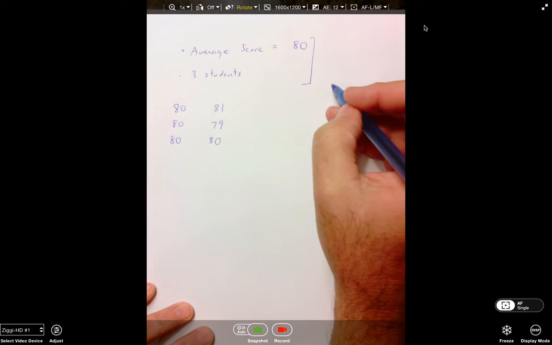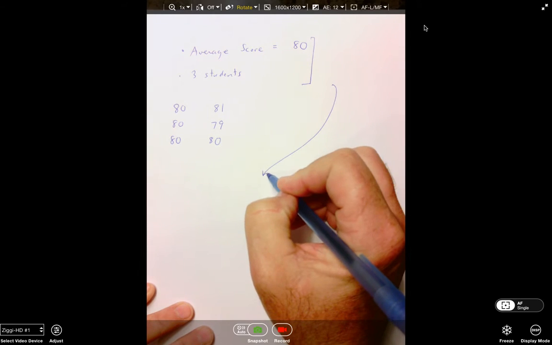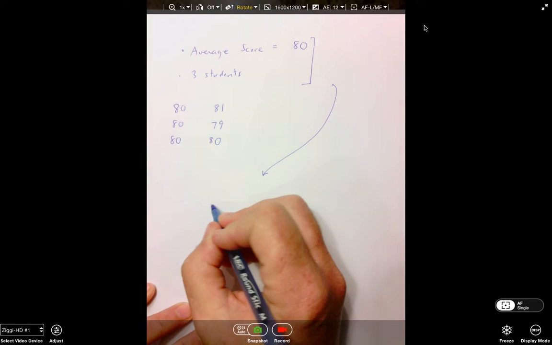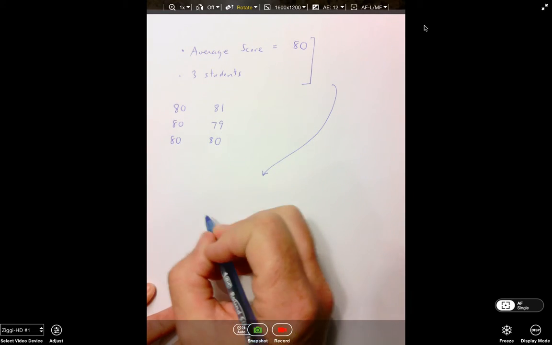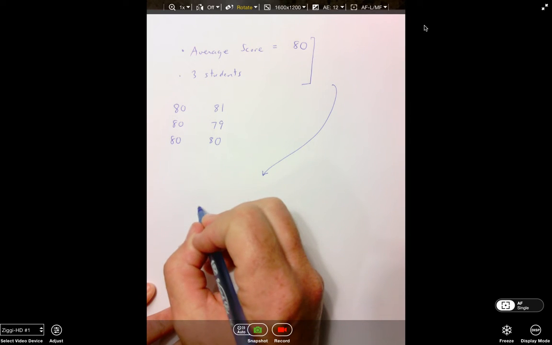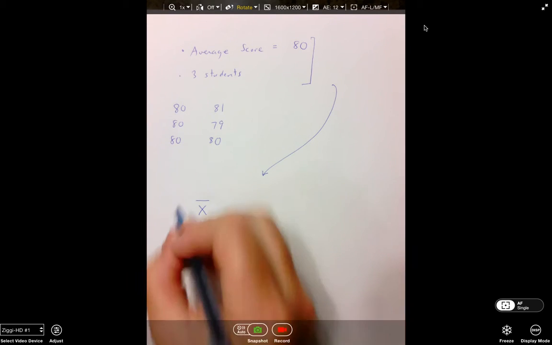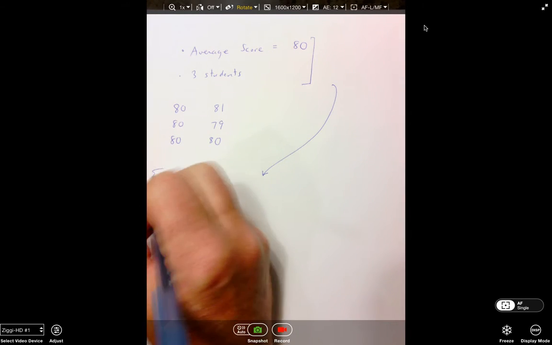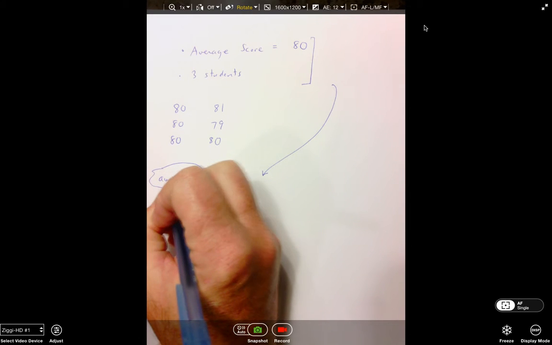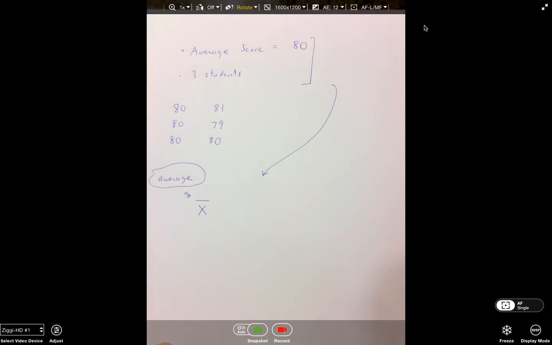Well, we can depend a little bit on the formula here. The symbol for the average score in statistics is X bar. So for the next 10 weeks of your life, well, technically 9 weeks, when you see X bar, I want you to think nothing more than the average score.